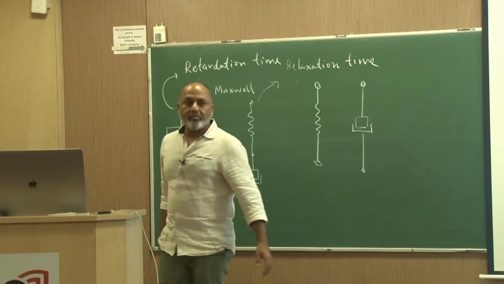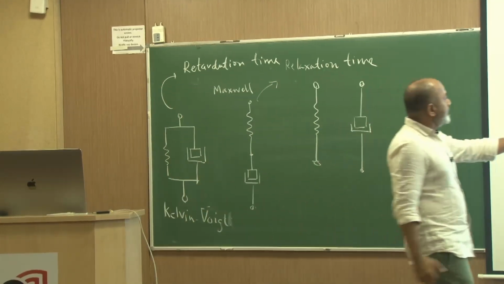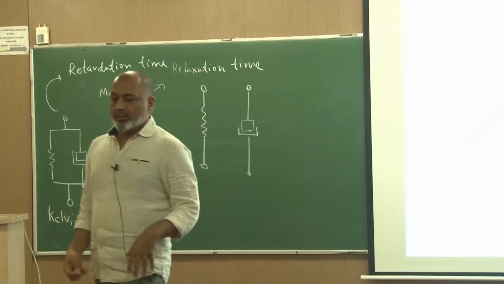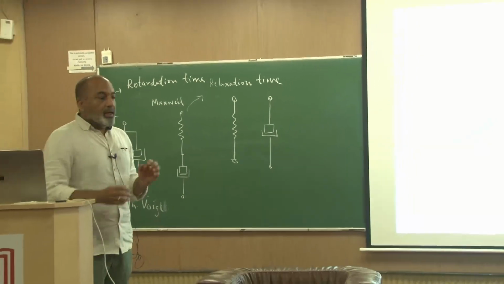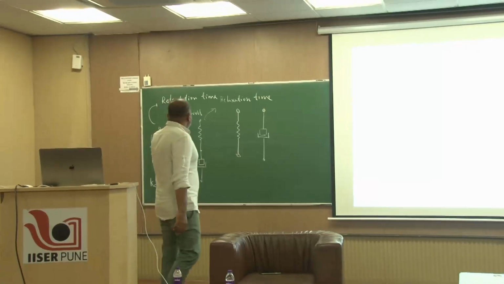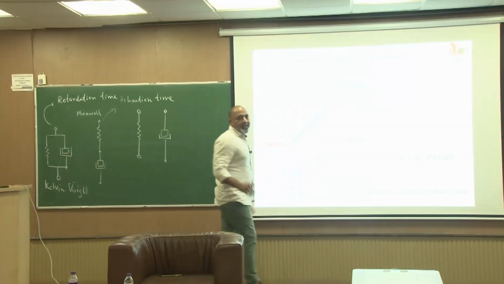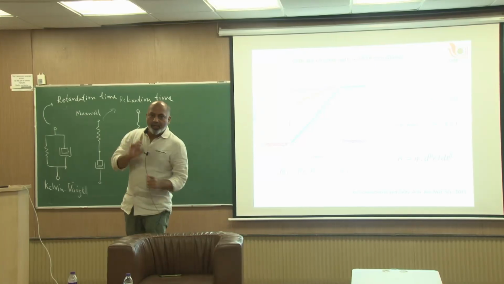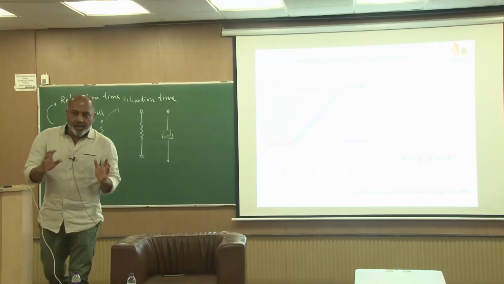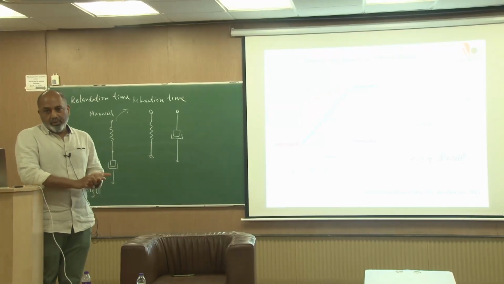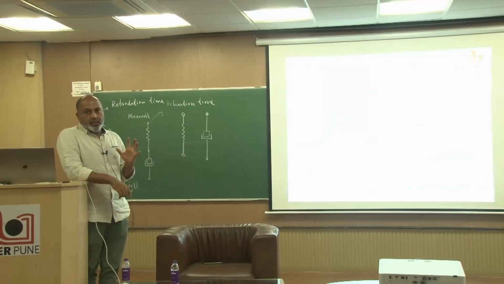And retardation there means that you apply a stress and look at how long it takes to respond. For Kelvin-Voigt or Maxwell, this kind of behavior will be single exponent, with only one time scale, a characteristic time. These are also called linear viscoelastic materials.